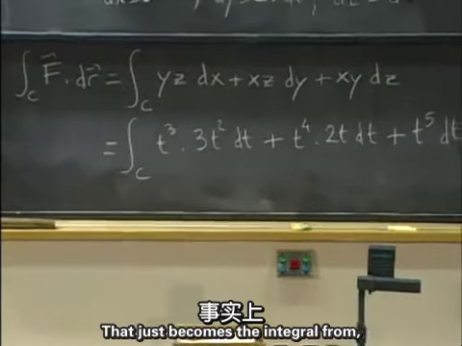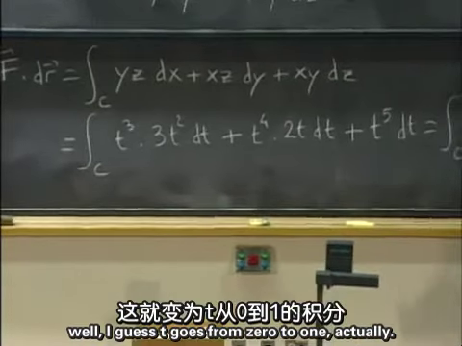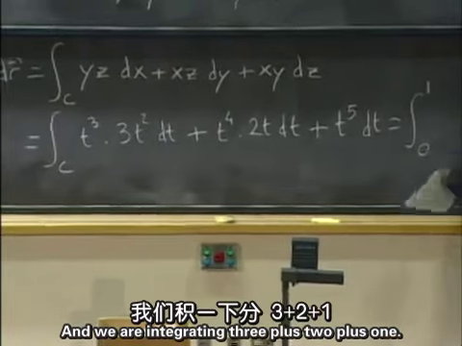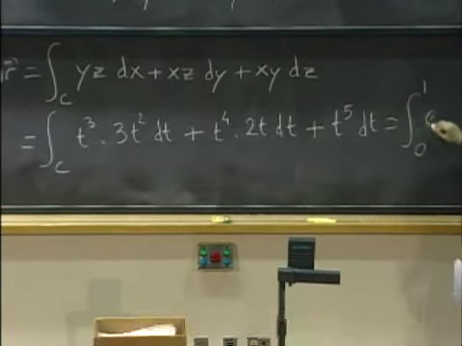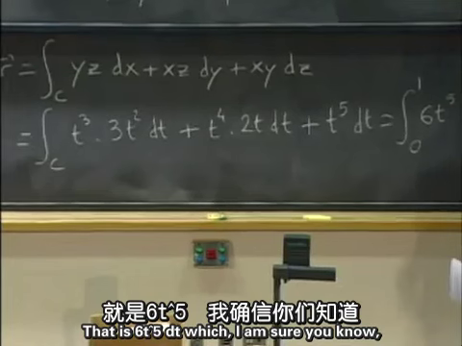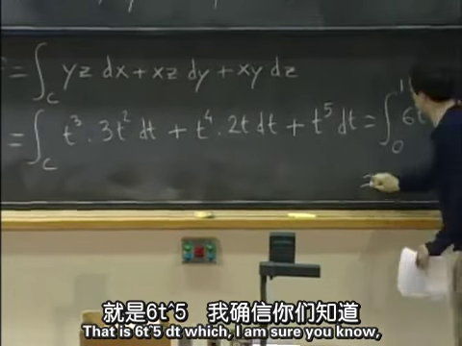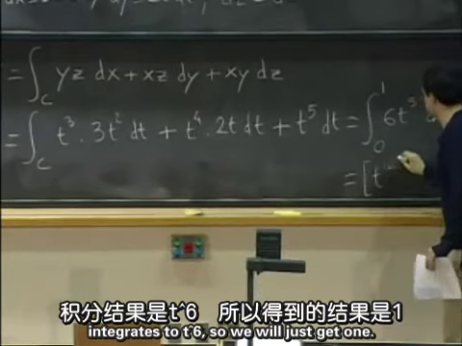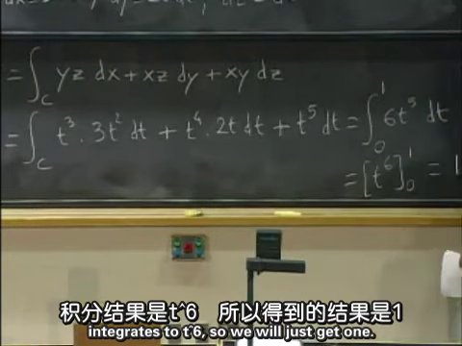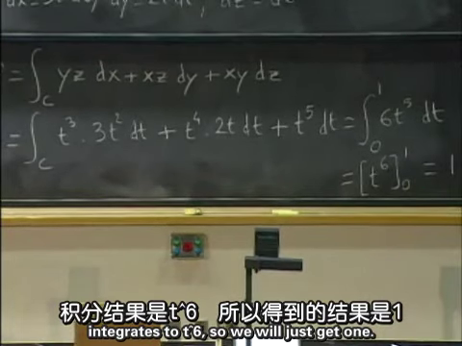Okay, so that just becomes the integral from, well, I guess t goes from 0 to 1 actually, and we are integrating 3 plus 2 plus 1, that's 6t to the 5 dt, which I'm sure you know integrates to t to the 6, so we'll just get 1. Okay?